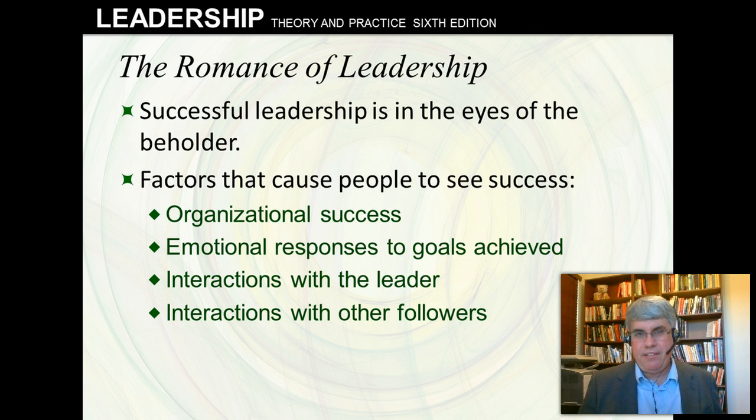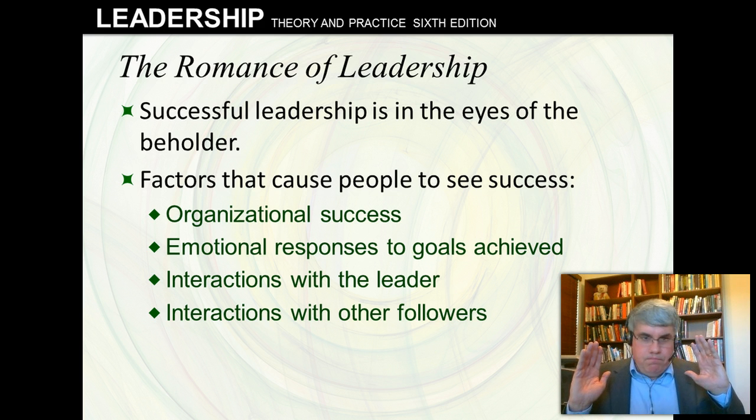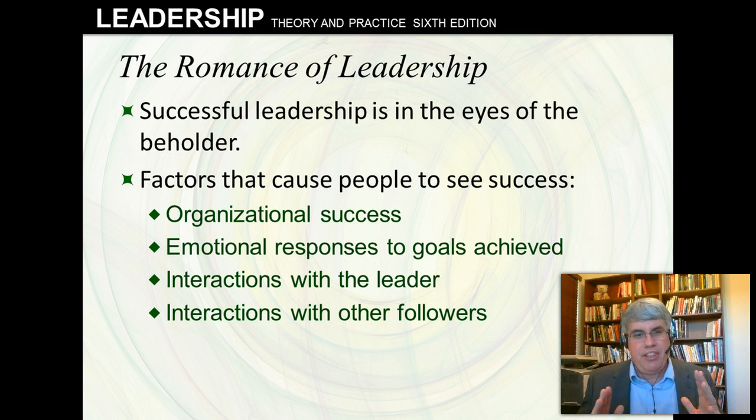So the romance of leadership is a reminder to not put too much faith in leadership theory. There's good things in this class, but it's not going to transform you into this perfect leader who's always going to do the right thing in every circumstance. It's going to give you some principles that in general you should be able to do to be a more effective leader.